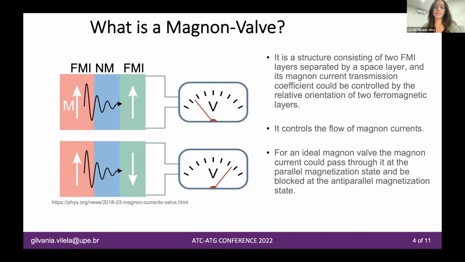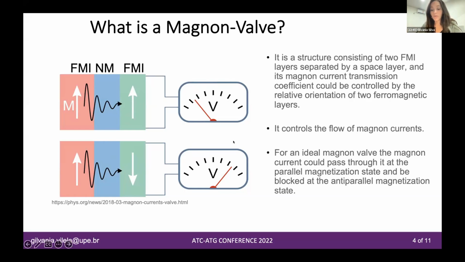We want to excite spin waves. And we expect that, depending on the relative orientation, similar to the conventional spin valve, we will have transmission of these spin waves that can be a high signal or a low signal. And so we can use these two well-separated states to transfer information and store data on the media.